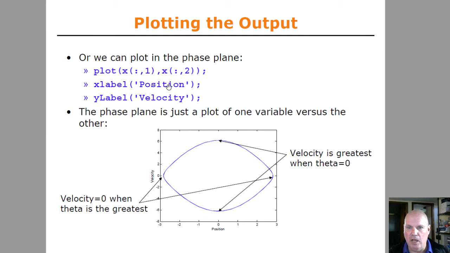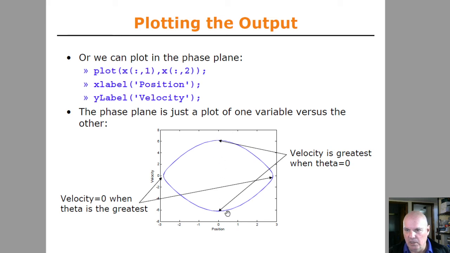You can also plot the angle versus velocity. That's known as a phase plot. This has some interesting information here. You can see when it reaches the extreme angular positions, about minus pi and plus pi, that's when the velocity is equal to 0.